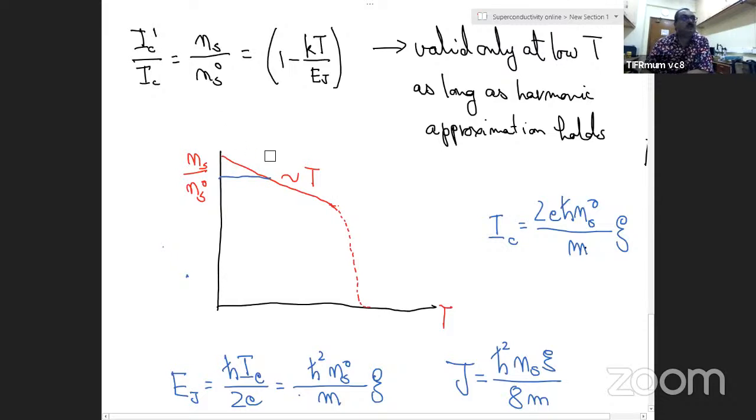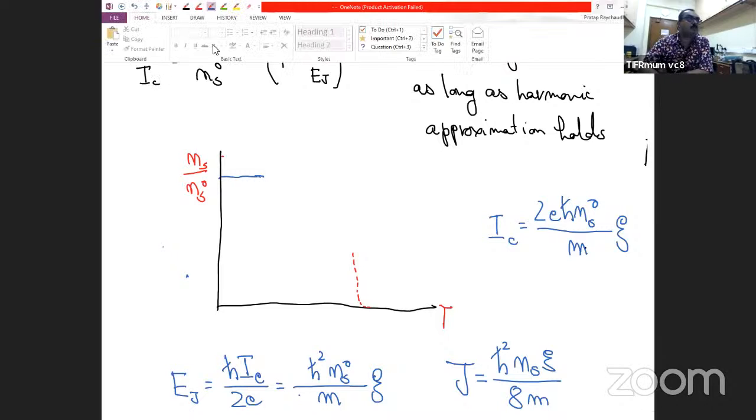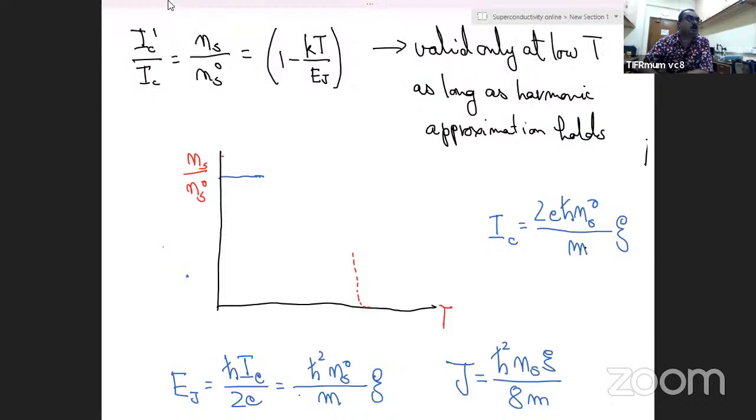So now the superfluid density appears to be very slowly varying or a constant at low temperature. Let me draw this a little differently. I have a linear behavior and then some kind of a drop. That is anharmonicity. So this linear part I understand from thermal phase fluctuation, but what is this?